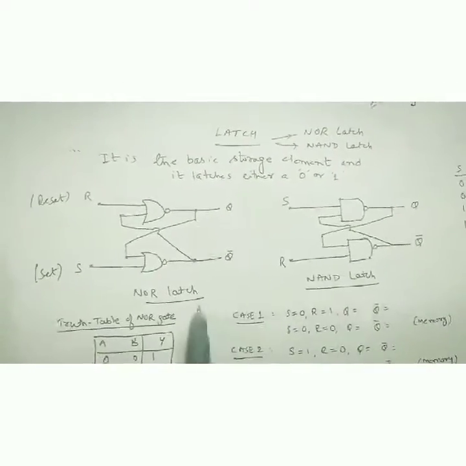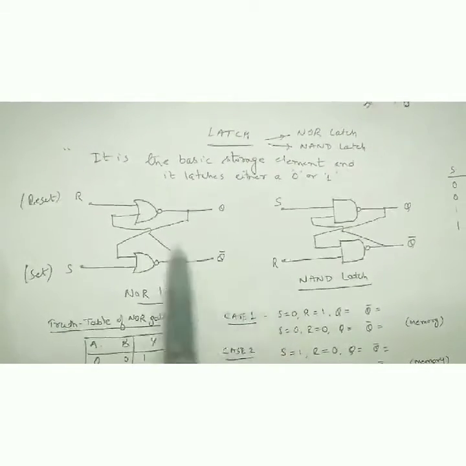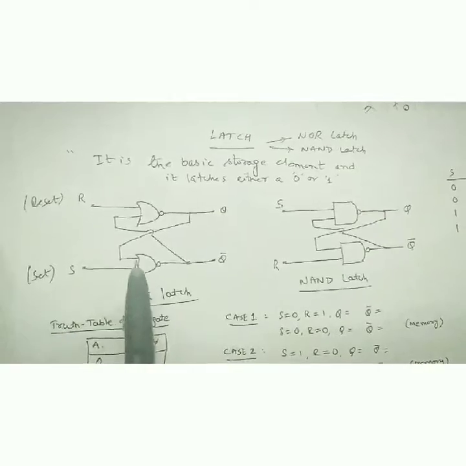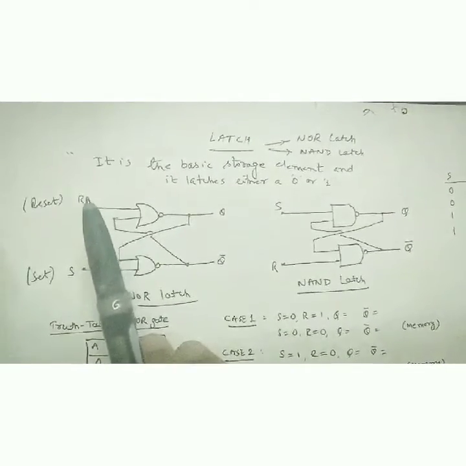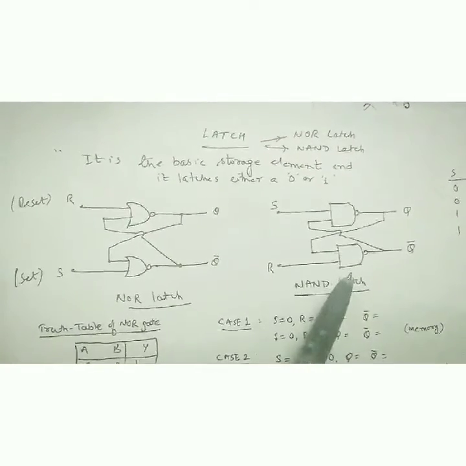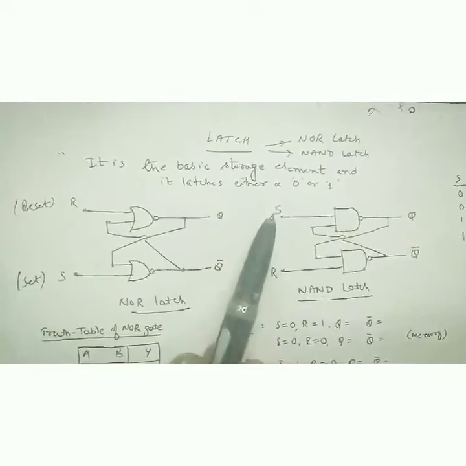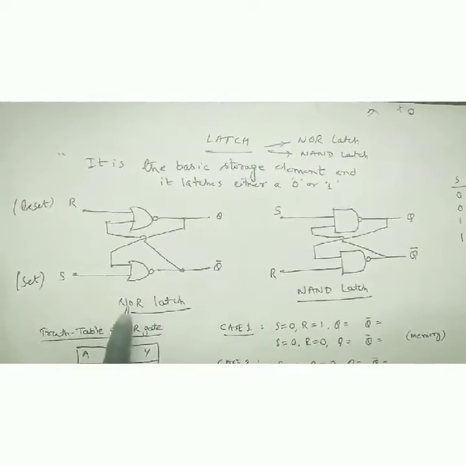But as you can see, the NOR latch and NAND latch differ in the way the inputs are connected. In the NOR latch, the inputs are connected as R and S, whereas in the NAND latch the inputs are connected in just the reverse way compared to the NOR latch.